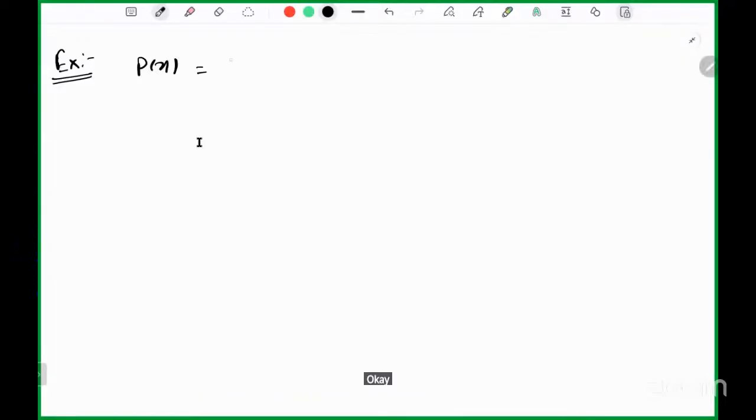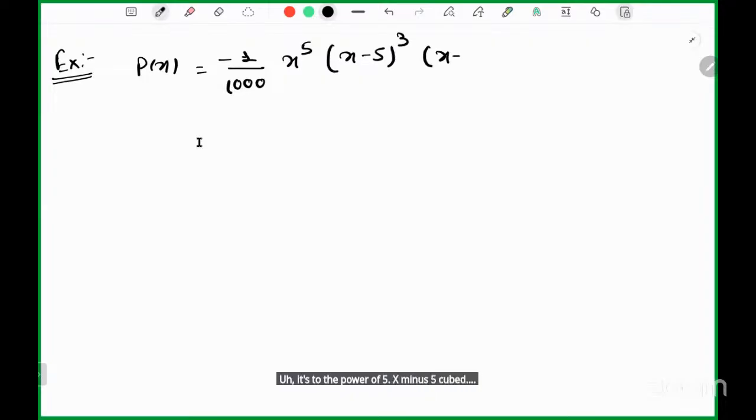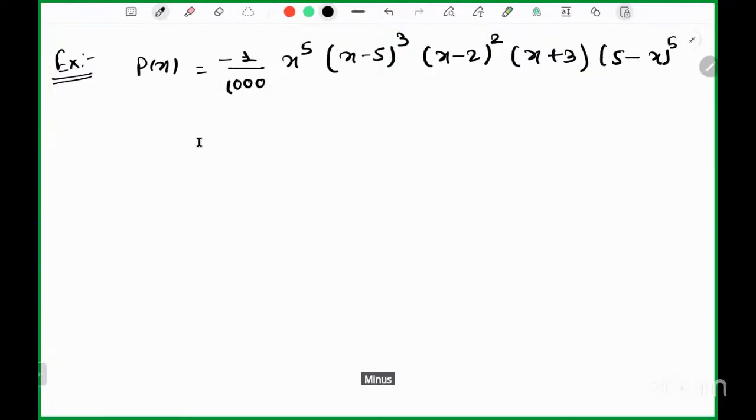Okay. So suppose p of x is equal to minus 1 upon 1000, x to the power 5, x minus 5 cube, x minus 2 square, x plus 3, 5 minus x to the power 5, and I'll take one more factor, x plus 10 square. So suppose this is your p of x.